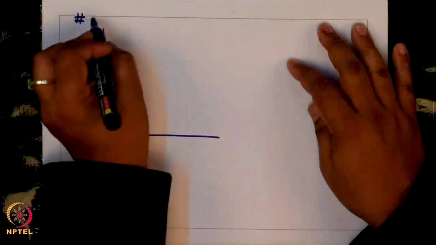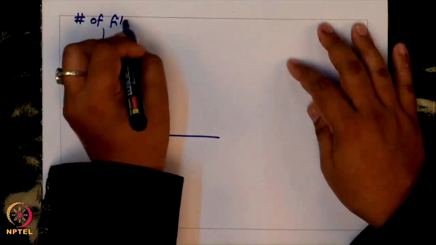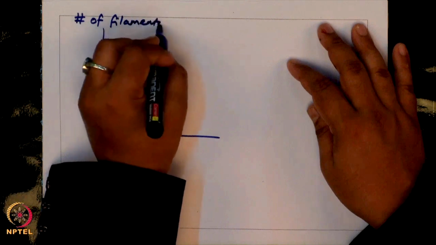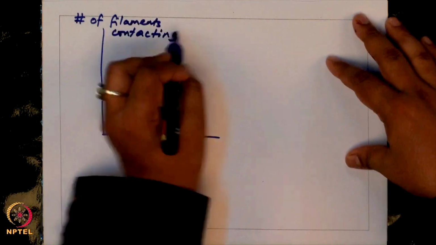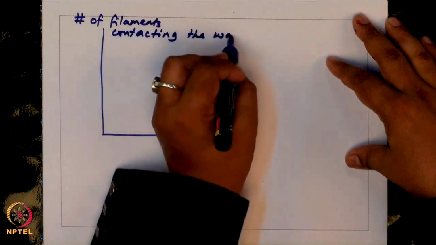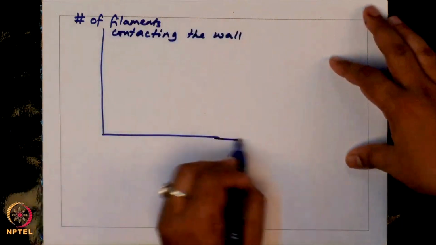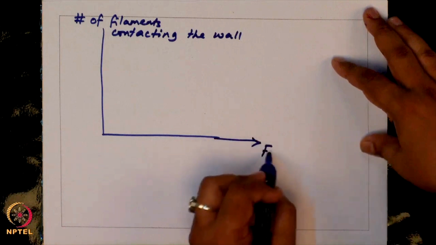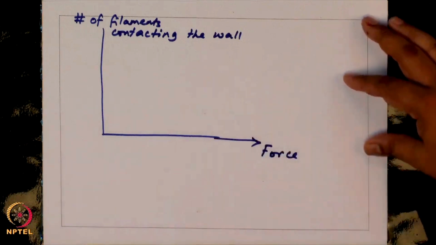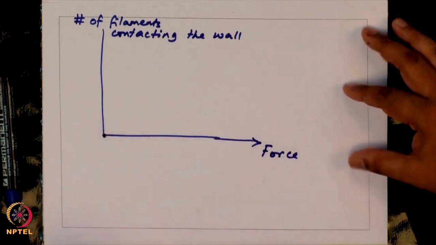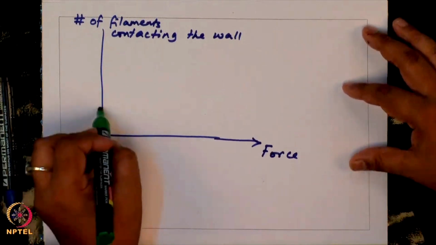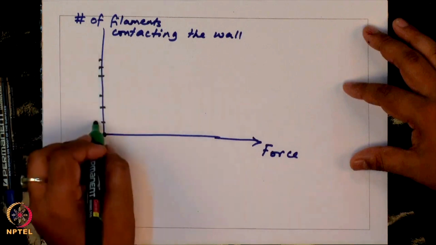Okay. So, you can also understand this effect of fluctuation by plotting the number of filaments contacting the wall as a function of force. So, let us say if my force was 0, this is the value of 1.